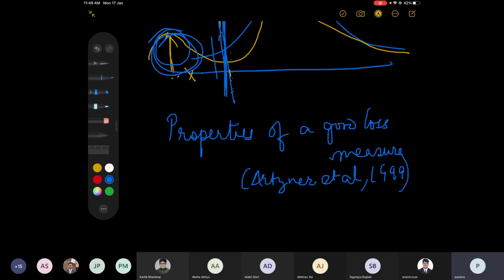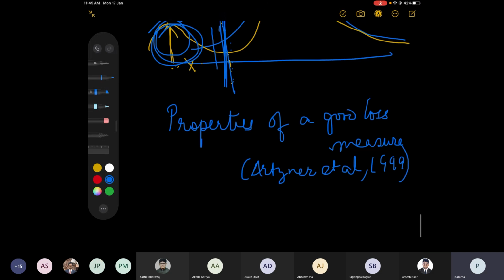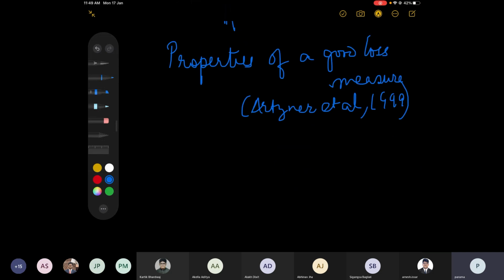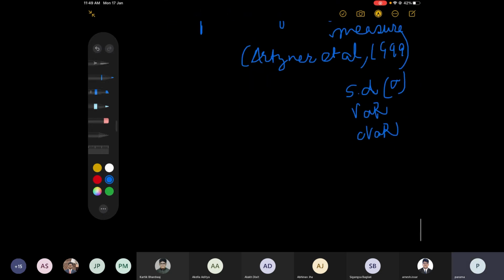It's slightly mathematical. So what are the properties of a good loss measure? Up till now, what loss measures have we seen? Standard deviation, that is sigma, can be a loss measure. Value at risk is a loss measure. Conditional value at risk is a loss measure. What is a good loss measure?